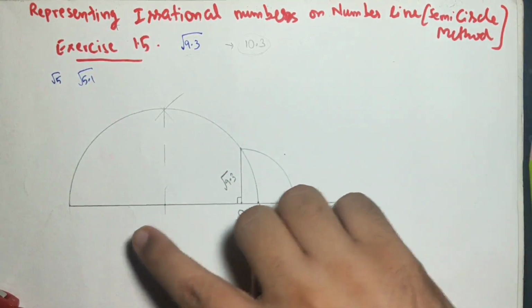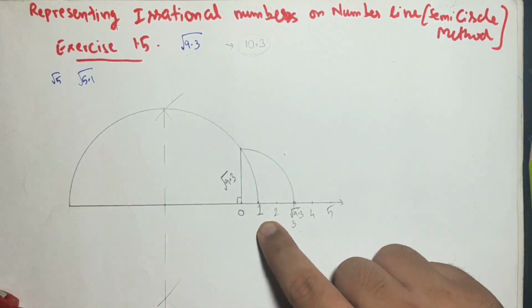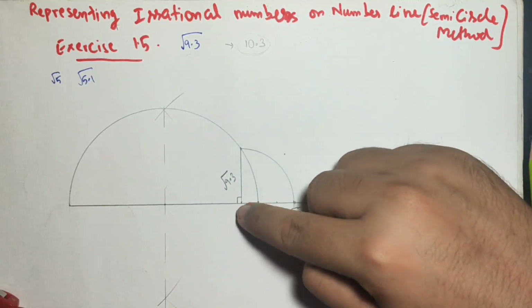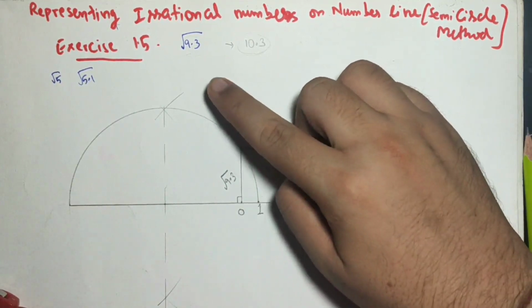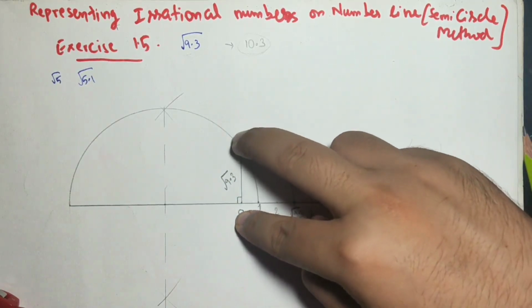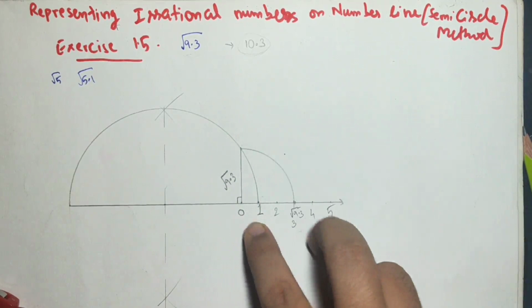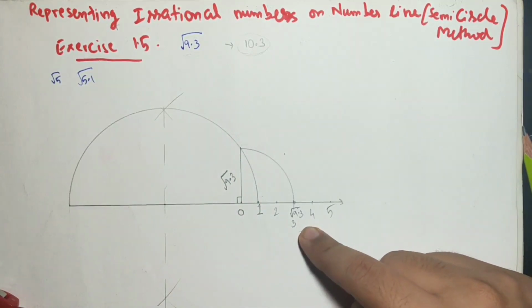After getting the midpoint, draw a semicircle. It should pass through the first point and the 1 point. From the 0 point, draw a perpendicular to the semicircle. This length will be root 9.3. So take 0 as center, this as radius, and construct the arc. You will get the intersecting point of root 9.3.